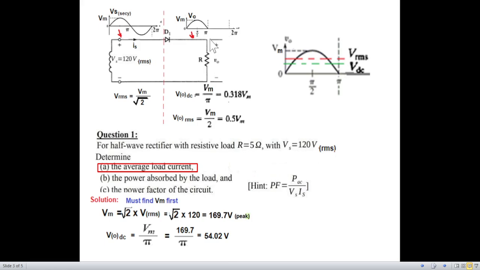Now VODC is 54.02 volt passing through R will give us IODC. So IODC is VODC over R, 54.02 divided by 5 is 10.8 ampere. So the average current is 10.8 ampere. The first part is done.